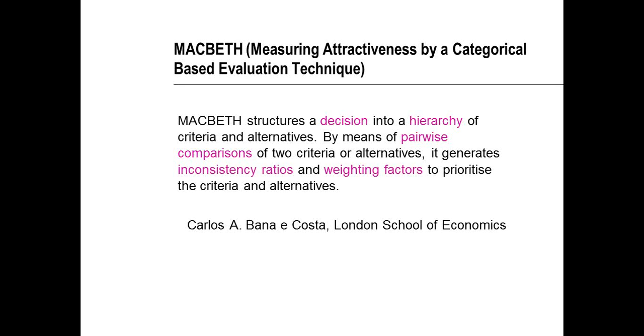It also generates inconsistency ratios, and it also helps to compute the weighting factors to prioritize the criteria and alternatives. So at first glance, both methods appear to be really similar, but you will see in their procedures, in their mathematical algorithms, there are some important differences.